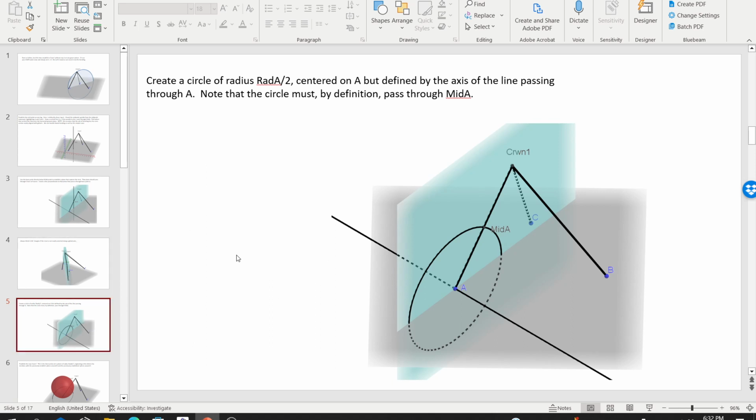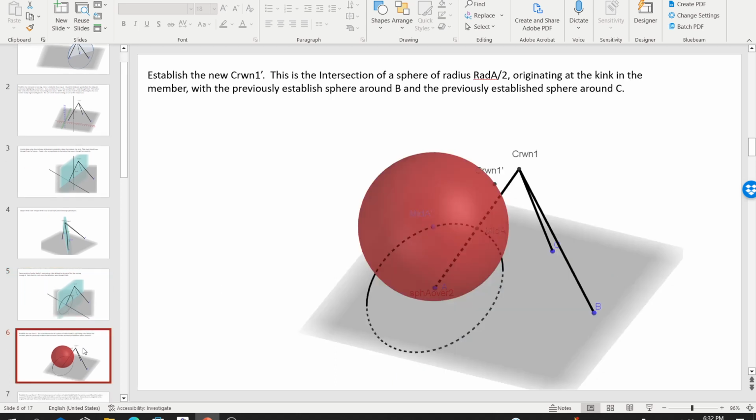Once you have that circle, you drop a point on here, and we'll call that mid A prime. The length from A to mid A prime has to be the strut length over 2. Then another intersection will give us the new crown. So here, that's exactly what I did.